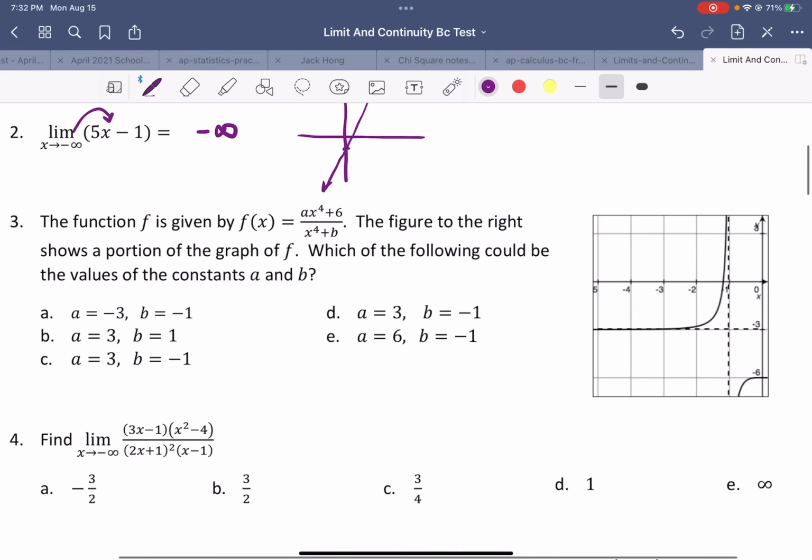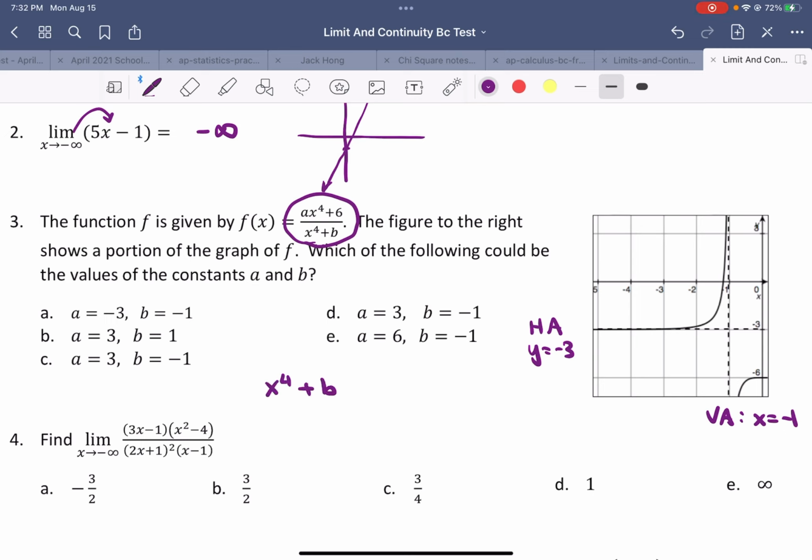This one is a rational expression, and they already gave you the graph, so you can find the horizontal asymptote, which is y equals negative 3, and the vertical asymptote, which is x equals negative 1. To find the vertical asymptote, you set the denominator equal to 0 and solve for x: x to the fourth power plus b equals 0.